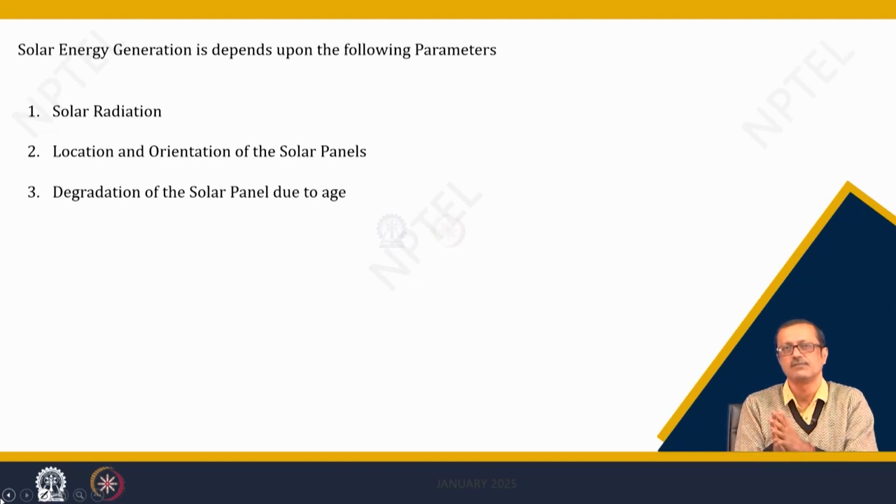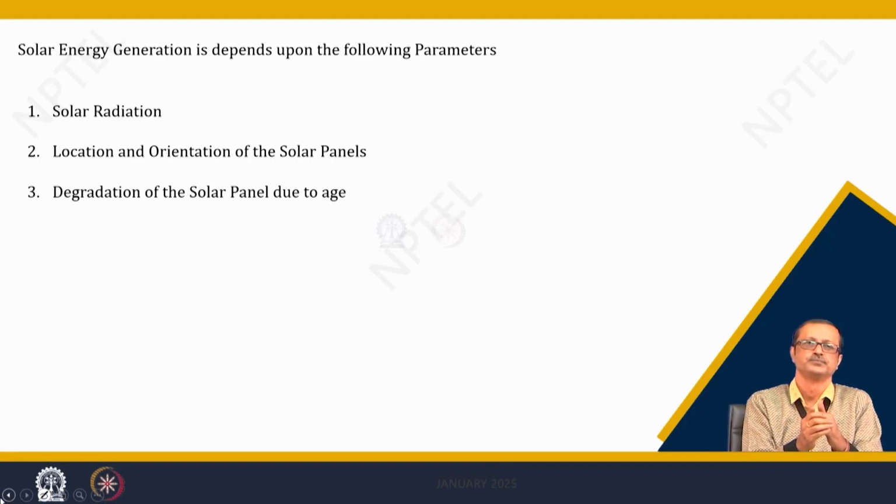Initially the thin film may give you 17 kilowatt peak per meter square or so, but the overall efficiency is 6 to 7% or so. So, that is the degradation of the solar panel due to age, which depends upon what material you are going to employ and how you are handling that one.